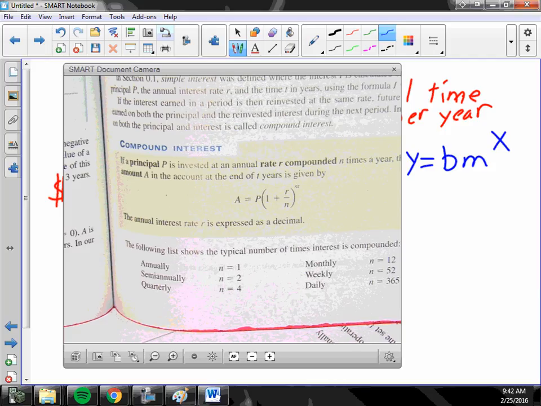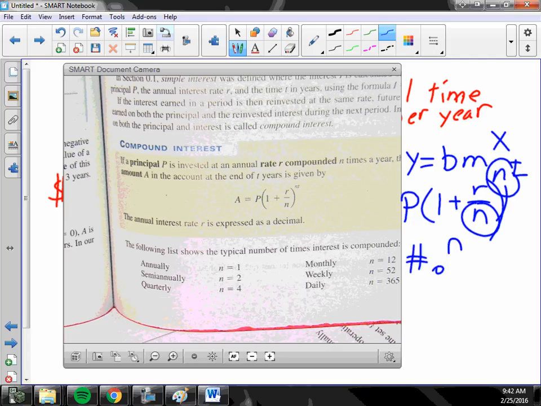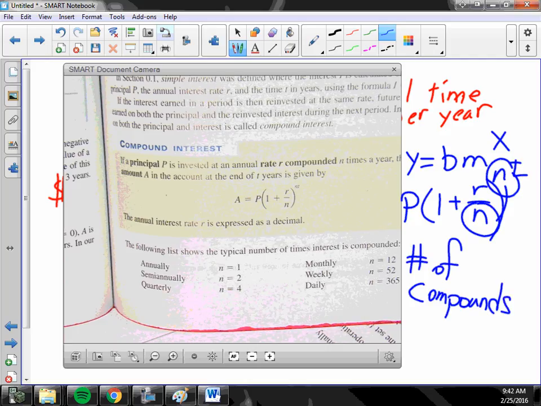This compound interest equation, principal times 1 plus the rate over n raised to the nt, we've added this variable n. N is the number of compounds. So if n is 1, you plug in 1, and this equation is going to simplify to be that. So when n equals 1, you can see we get 1 plus the rate, which is where our 1.05 came from, and then 1 times t is just time.